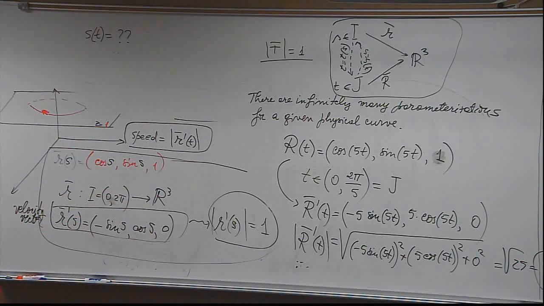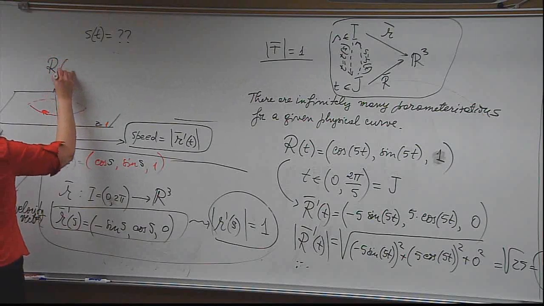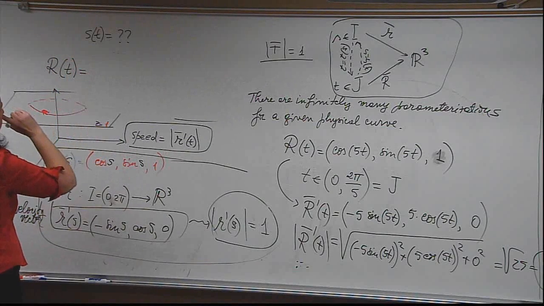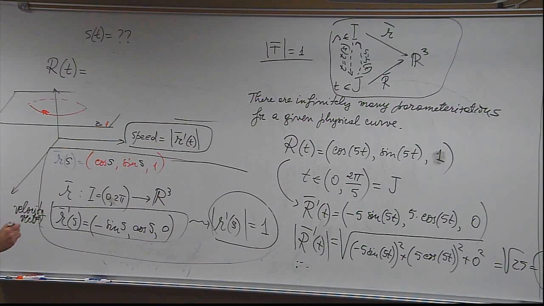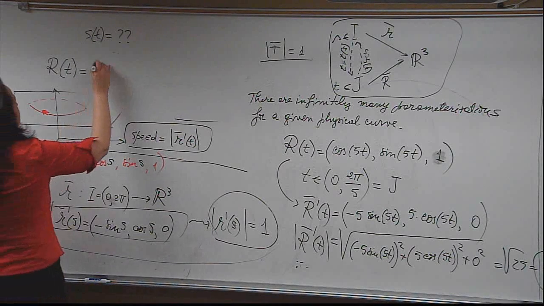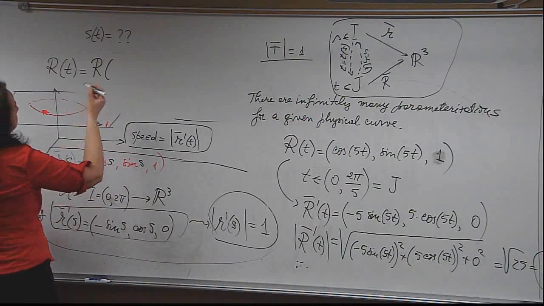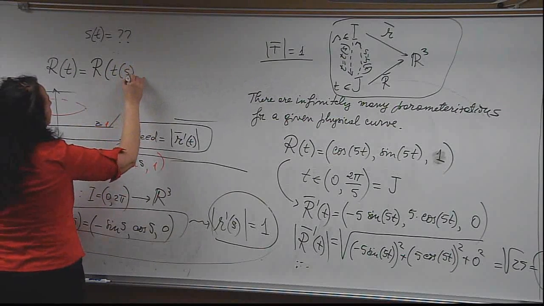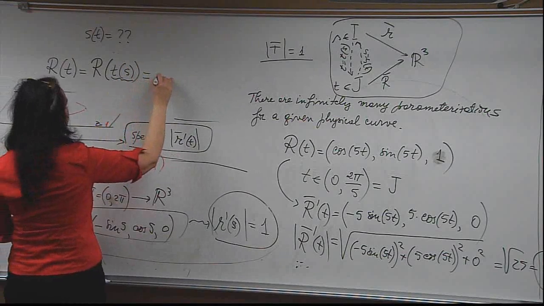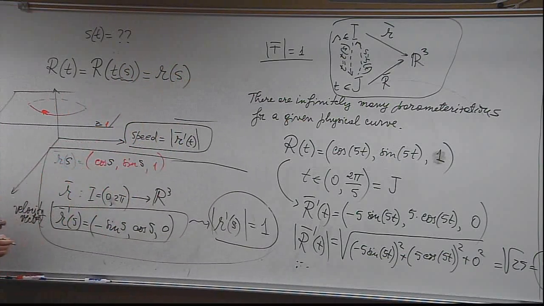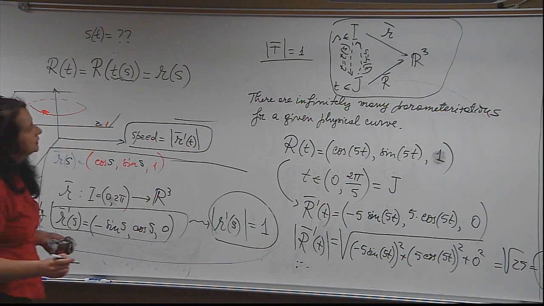So, who is big R of T? Big R of T should be the same thing in the end as R of S, but I should say maybe it's R of the function T of S, which is the same thing as r of s. So what should be the relationship between T and S?